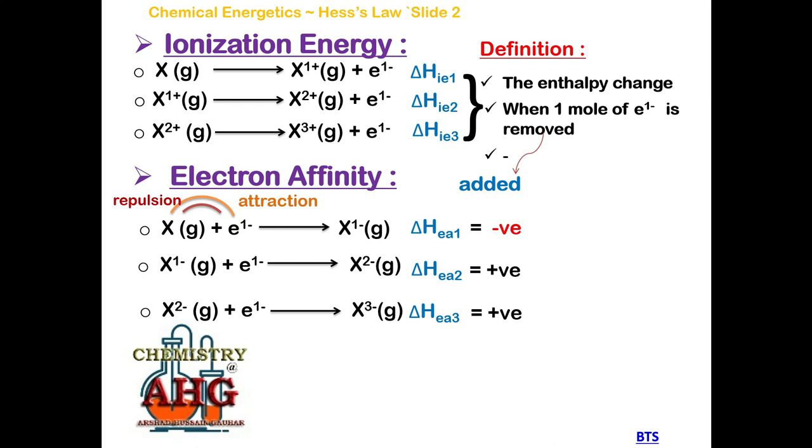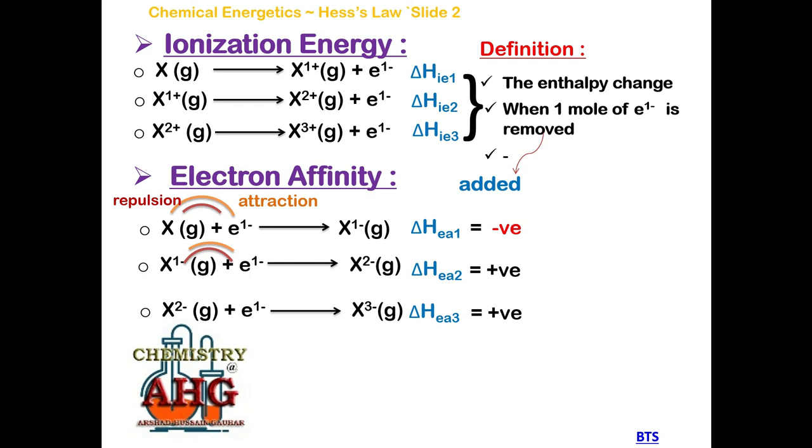Simple. But when we move on to the second electron affinity, electron is being added to a uninegatively charged ion. So what happens? Similarly charged particles repel each other strongly. So in the second electron affinity, the force of repulsion dominates the force of attraction. When the force of repulsion dominates, energy absorbed becomes greater than energy released, and overall the process becomes endothermic. Likewise, in the third electron affinity, the magnitude of negative charge has increased.